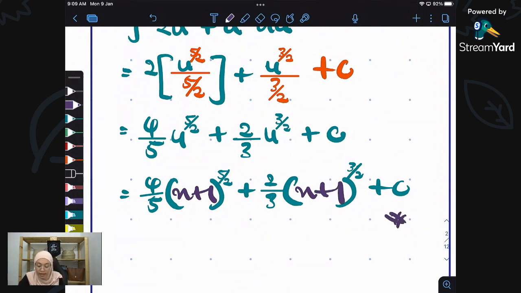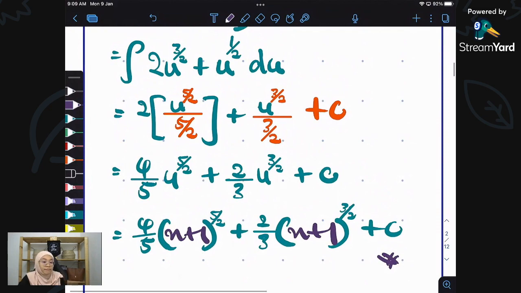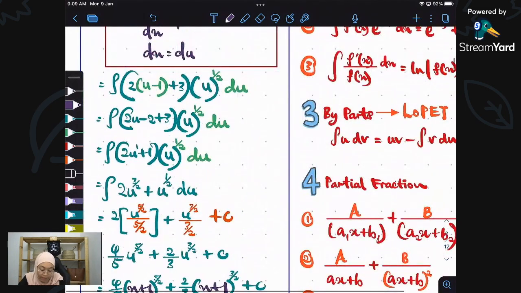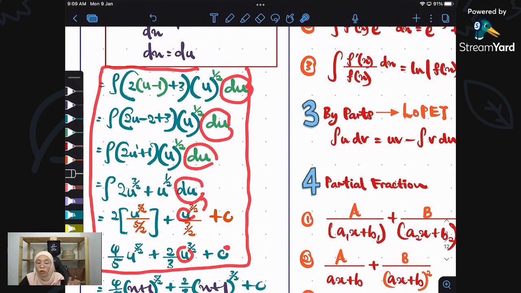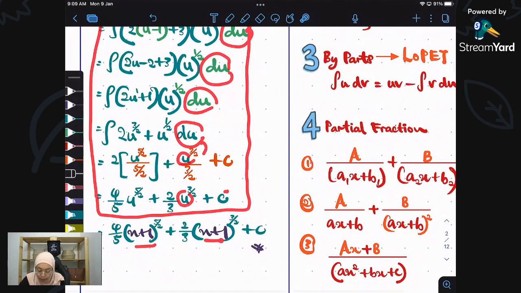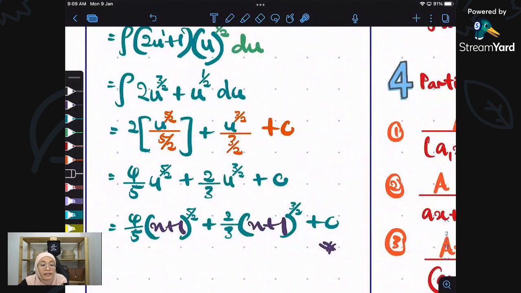That's it. That is how you do the substitution method. If you look closely, every time you do the substitution method, everything here is in terms of du, du. Until the integration, it is still u. So the solutions are everything in terms of u. But for the final answer, make sure you change back into the original function x. That is called the substitution method.